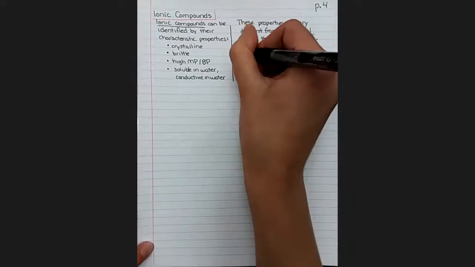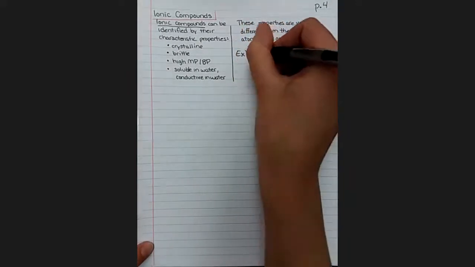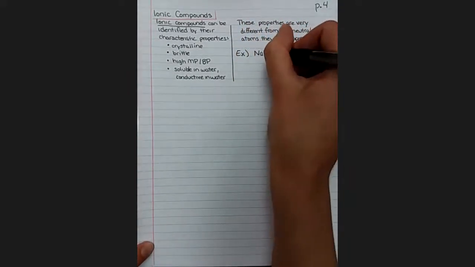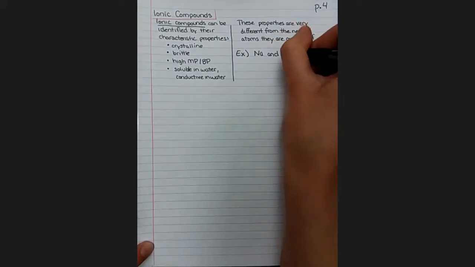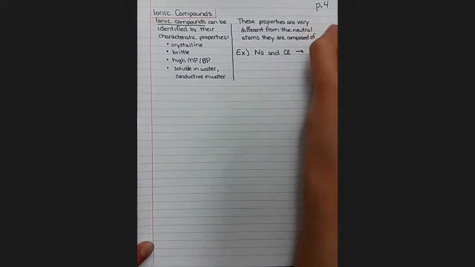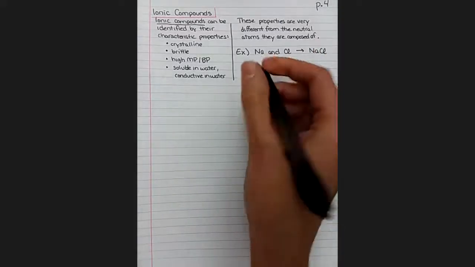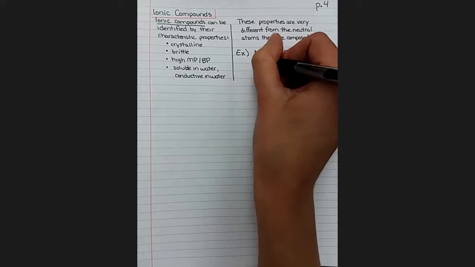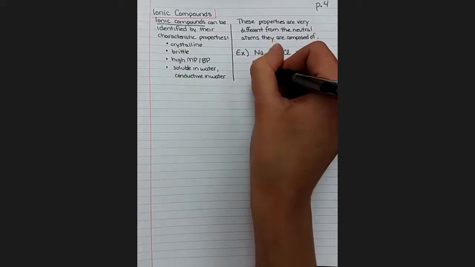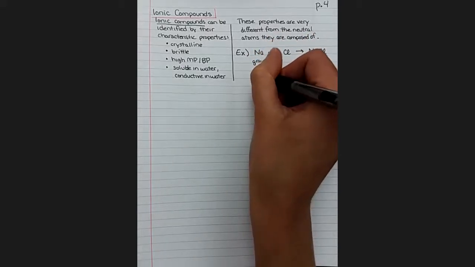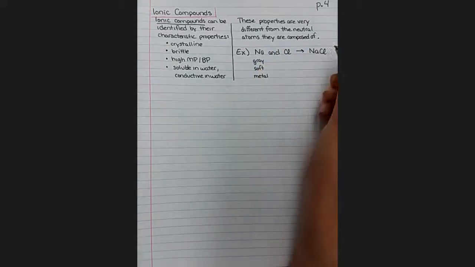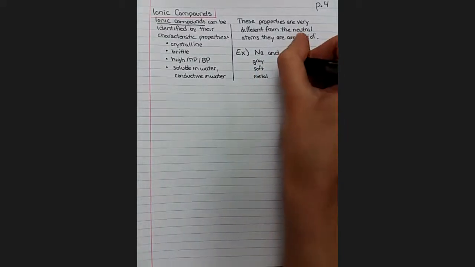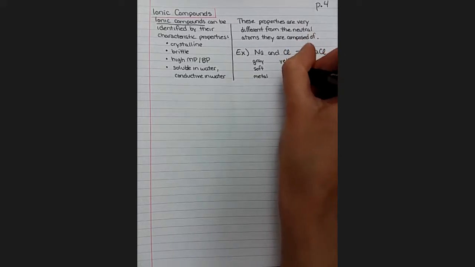For example, we can return to our favorite table salt. We can react sodium and chlorine to form sodium chloride. But sodium is a gray colored, very soft metal, which is very dissimilar from chlorine, which is yellow in color and also happens to be a toxic gas.